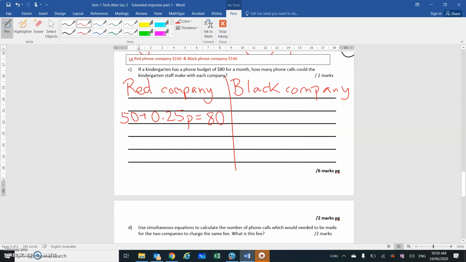And for the black company, we have 20 plus 0.3P equals $80. You need to find what P is, the number of phone calls.